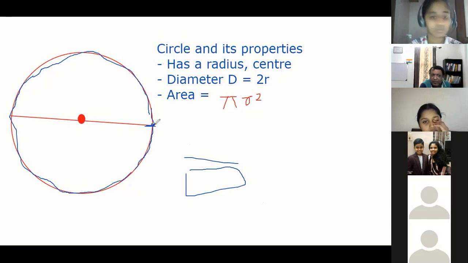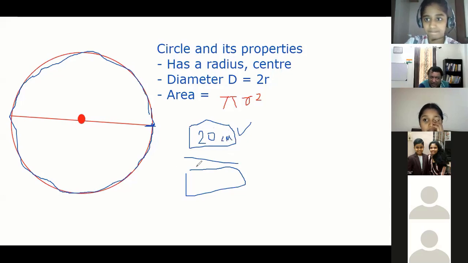Okay. Now suppose that comes, say, what should I say? Wait, let me put it. Okay, what I'm saying is, you take a thread and measure its circumference. Put that here. Suppose that is coming, say, 20 centimeters. Okay?